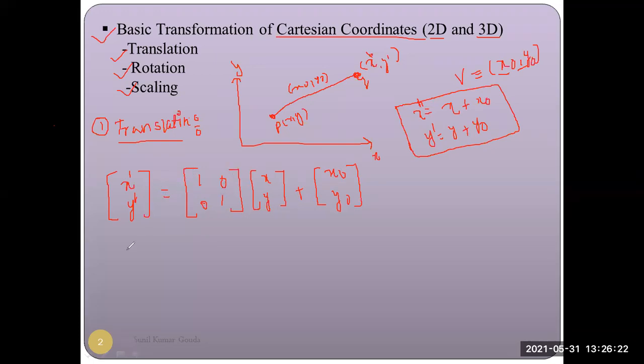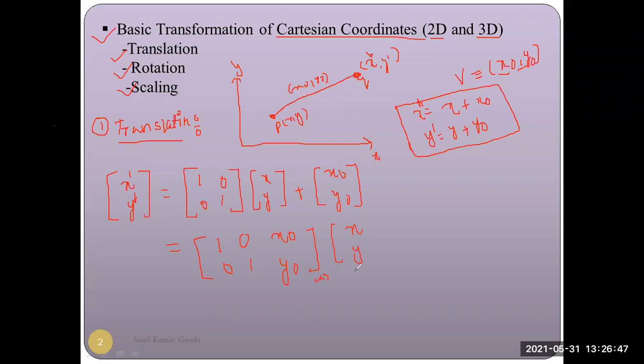I can merge this into a single matrix. So how can I write this? I can modify this and write it in one matrix like 1 0 x naught and 0 1 y naught, multiplied by x y. As it is, this is a 2 cross 3 matrix.